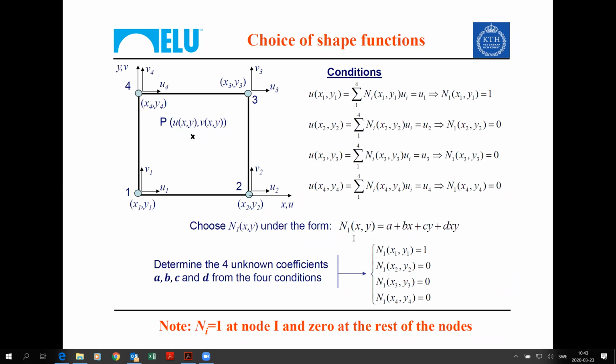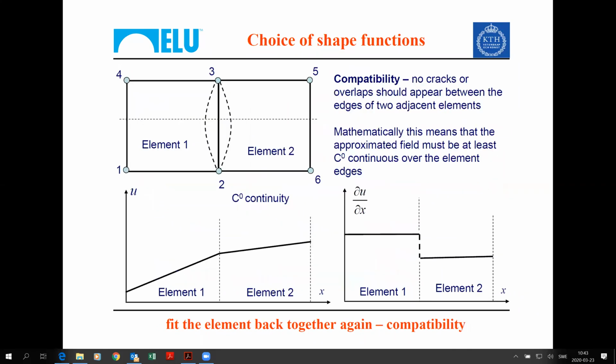Are there any conditions that we need to place on these interpolation functions? And it turns out that we have. One condition is that no cracks or overlaps should appear between the edges of 2 adjacent elements.